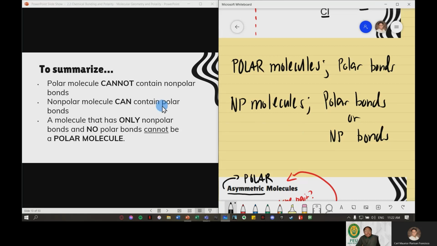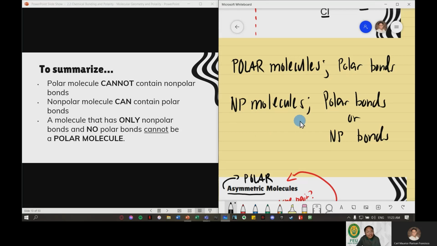So what the slide would like to tell us is that if the whole molecule, the totality, is polar, the bonding, the attraction, the single bond, double bond, triple bond are polar. Whereas if the whole molecule is nonpolar, you can expect that the single bond, double bond, triple bond, or the attractions could be polar or nonpolar.